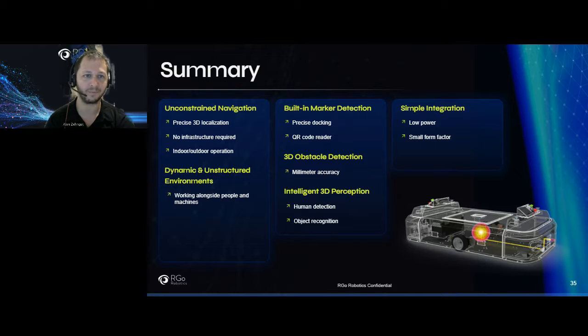The integration is quite simple and straightforward: you need power from the vehicle and wheel encoders, and this camera is relatively small and can be mounted almost everywhere. So that's about it, I think I'm done. We have plenty of time for a Q&A, which I'm sure will be an interesting part of this webinar.